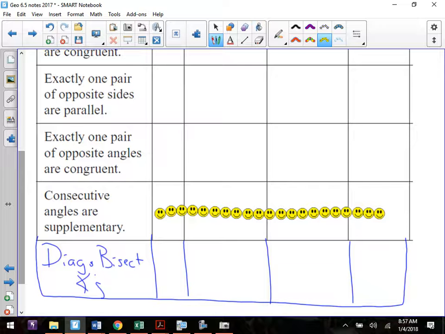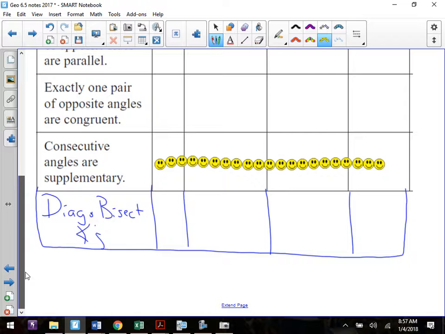Which one had diagonals that bisected? No, I was saying that they're all happy. Okay. Rhombus and square. Those were which ones? What about exactly one pair of opposite angles?